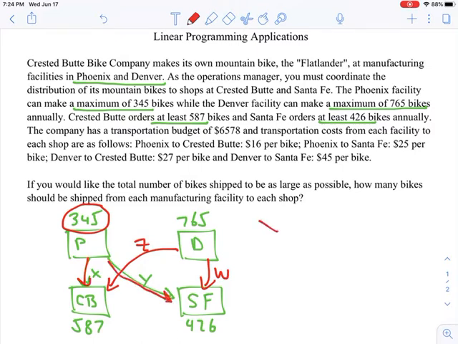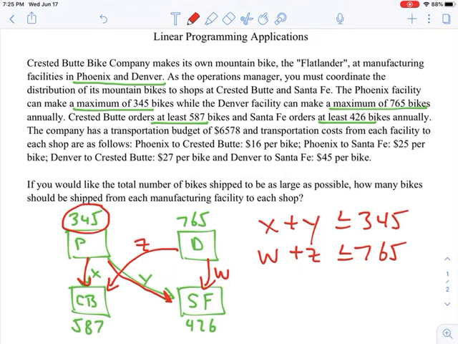So we can say X plus Y. They have a maximum of 345 bikes. Can't send more, we could send less. So that's less than or equal to 345. Likewise, from Denver, W plus Z is less than or equal to 765.